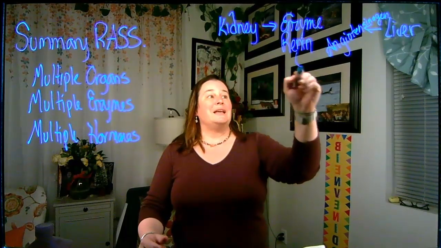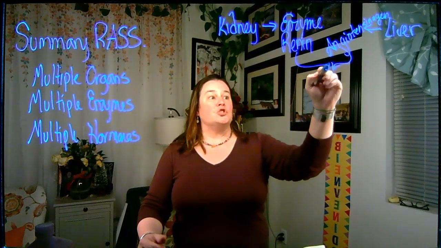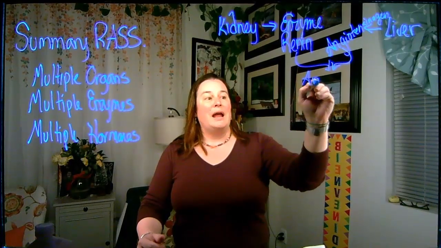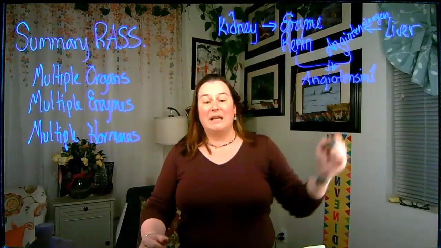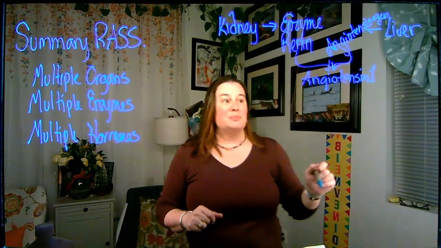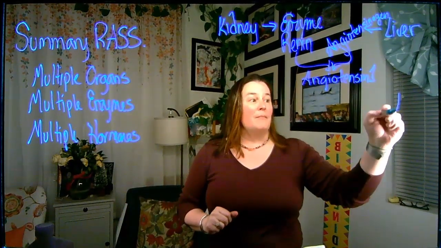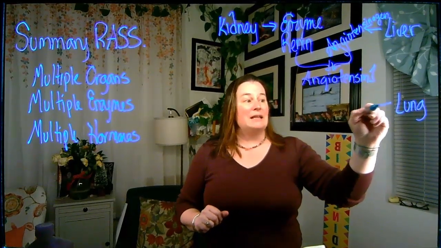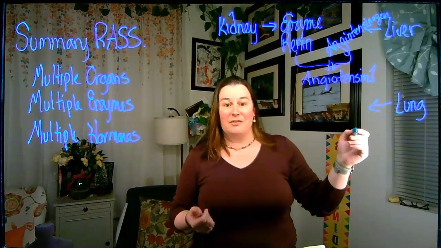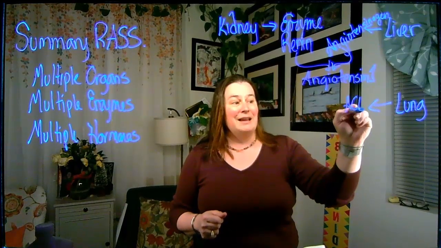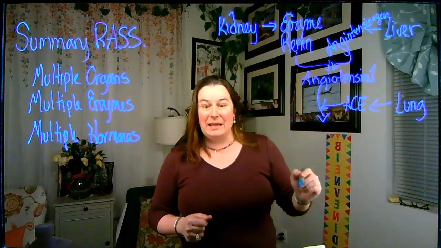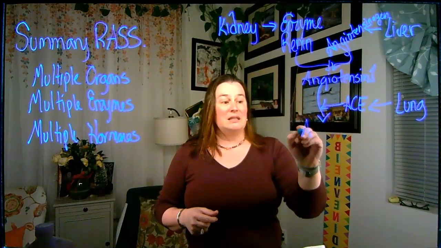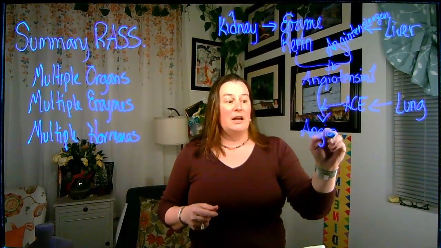So when renin and angiotensinogen get together, they form angiotensin 1. And then we need yet another enzyme to drive this process. That is going to come from the lungs, and it is an enzyme known as angiotensin converting enzyme, or ACE.